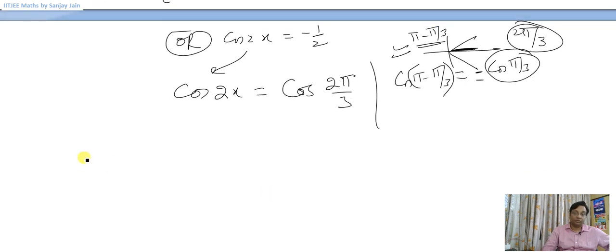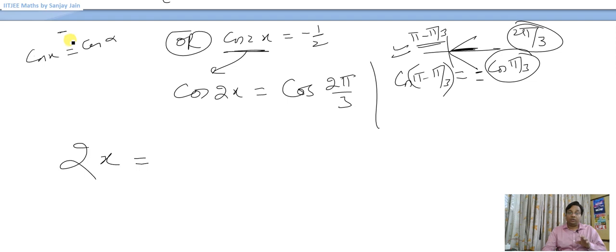so you should not hurry while writing the solutions. You might make this mistake, which I was going to do. This is a classic mistake, right? Cos x equal to cos alpha. If, let us say, a negative angle comes here, you cannot write the negative angle there, because cos of minus theta is equal to cos theta.